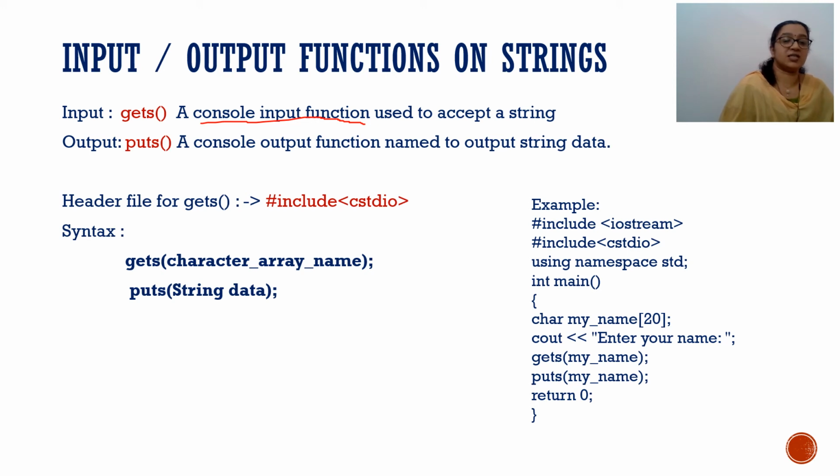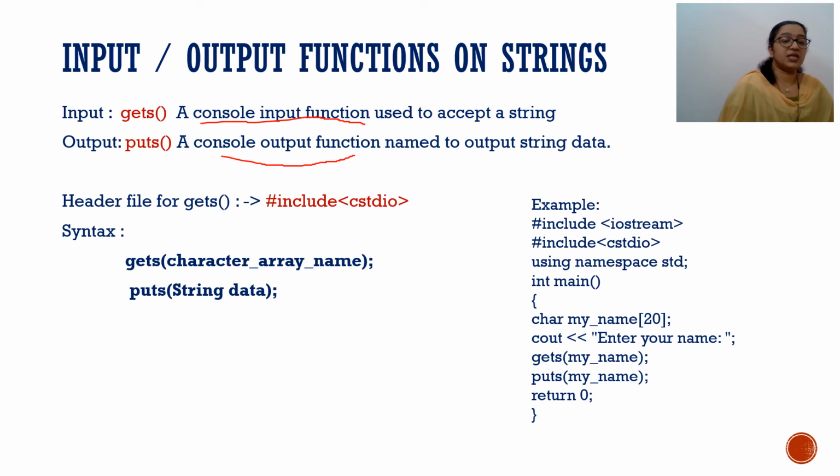Then puts is a console output function used to output a string. So through gets we can accept the string from the keyboard, and through puts we will get the string on the monitor.